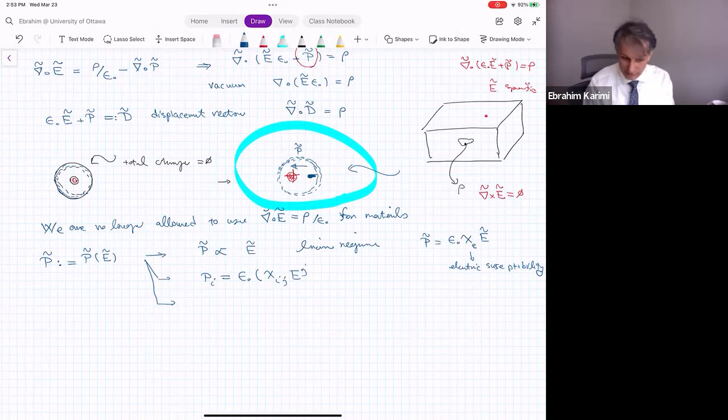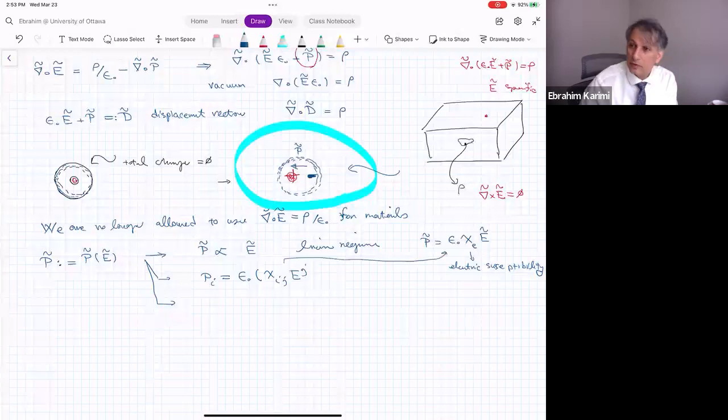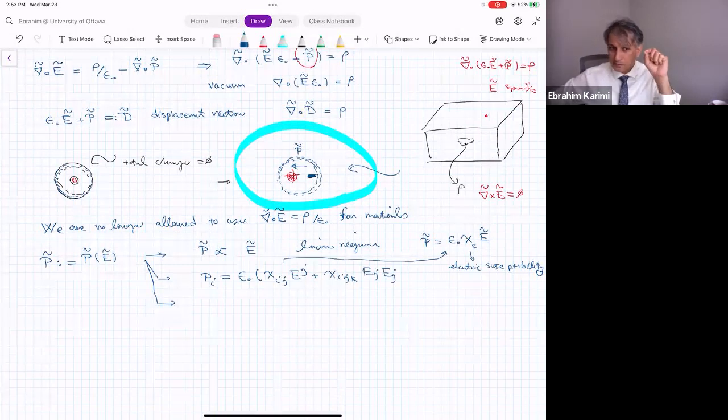Don't get surprised. This is exactly identical to what we had here. It is the same term. And the other term is chi_ijk E_j E_k. So it means that the electric field, after certain values, that term plays a role and is significant.